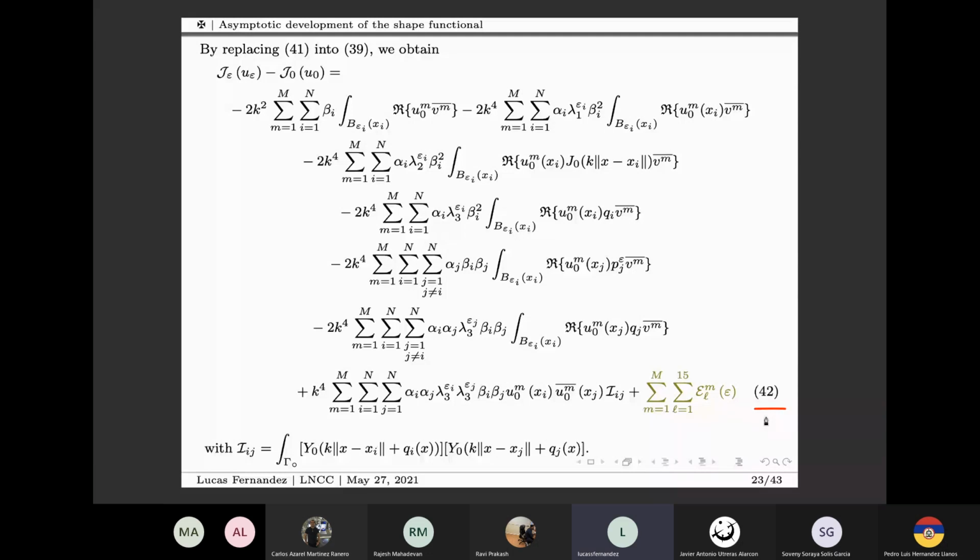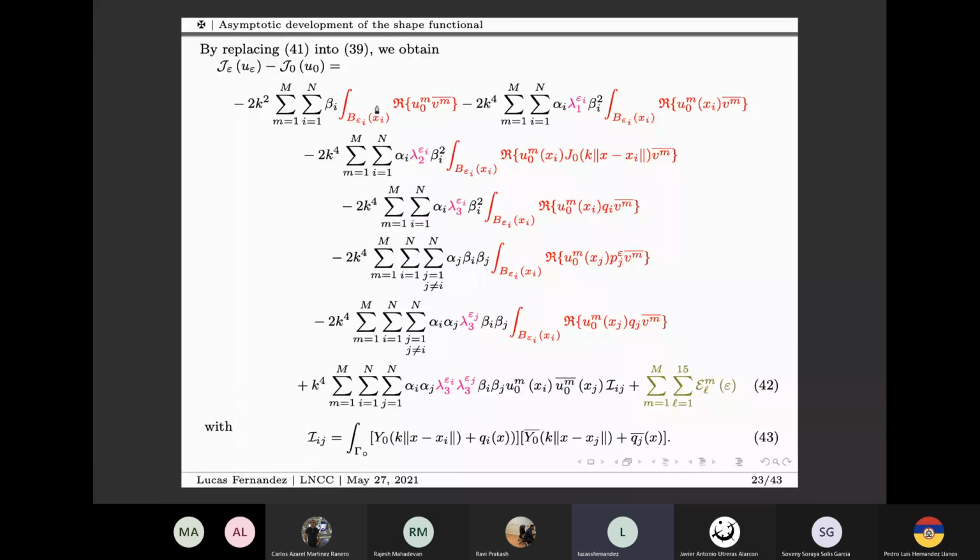We still have some work to do because we have integrals whose domains of integration are the b epsilon i ball. So we have a lot of integrals here, and we also have these constants dependent on epsilon, okay? But I promise you this is the last step in our calculations.